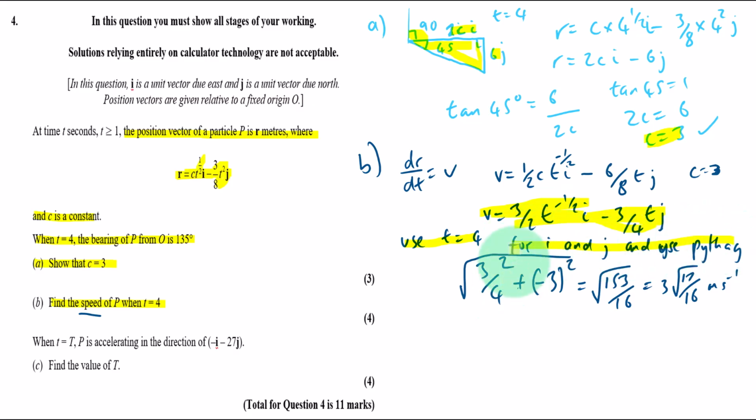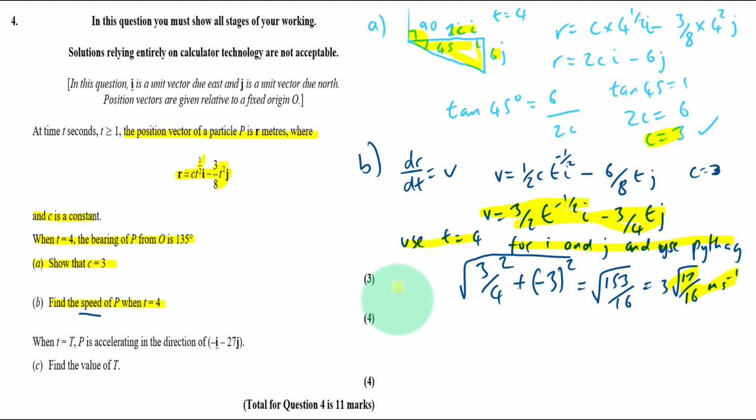So essentially I'm substituting 4 into t for i, which becomes 3 over 4 squared. Put t equals 4 here in the j component, plus minus 3 all squared. Square root it all, do that on our calculator, but write this down for our method marks, and we get a final answer like so. That's a straightforward 4 out of 4 marks.